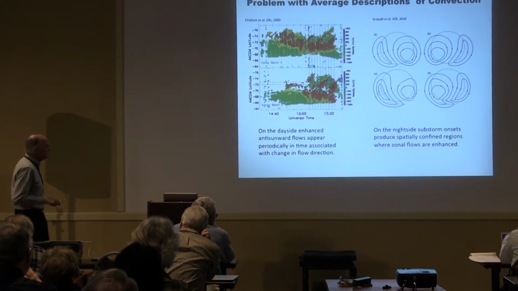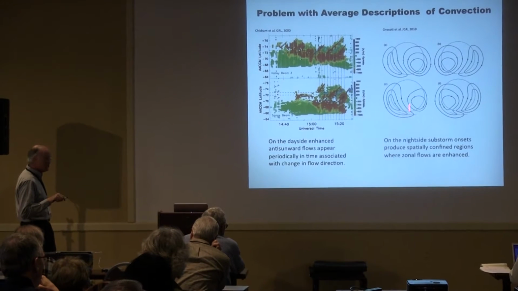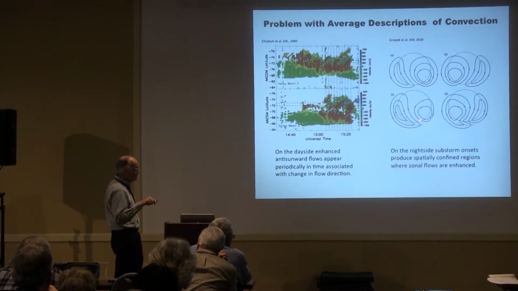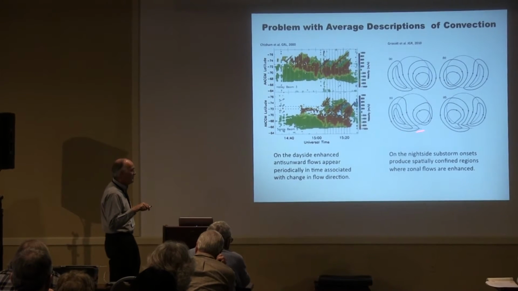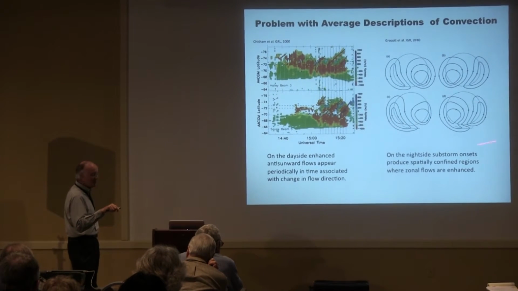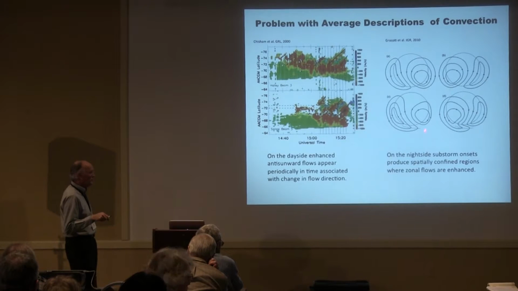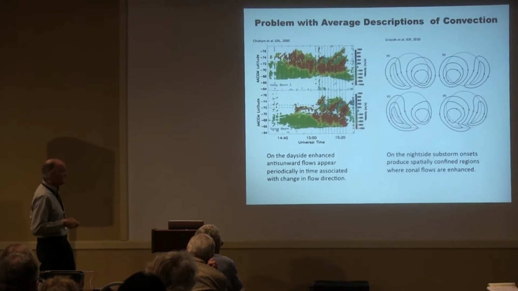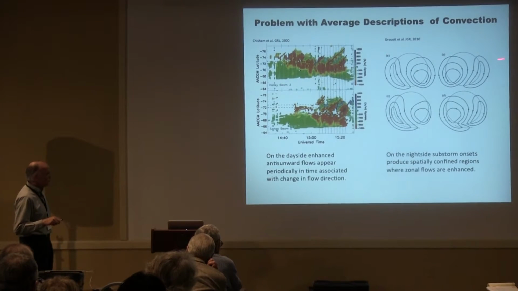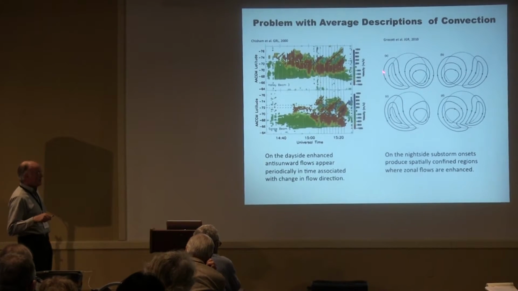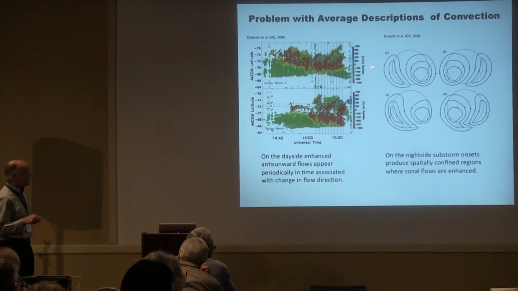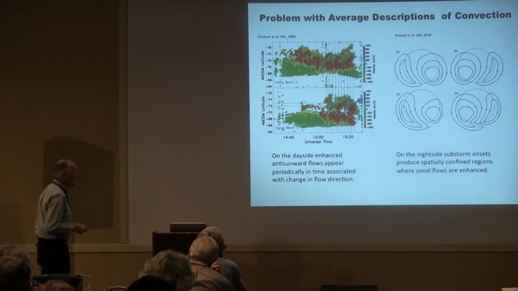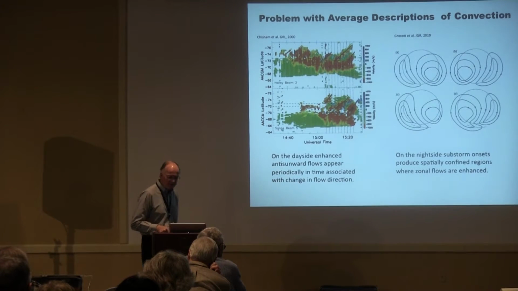So what we see is that the reconnection region is also not a steady state phenomenon; superimposed upon a steady state is this enhancement in zonal flows that appear and disappear as substorms occur. So we still have a superposed epoch analysis or some more analysis to do to define what these flow circulations look like on the day side, and I'll come back to that in a minute.